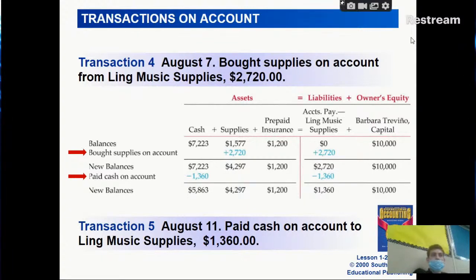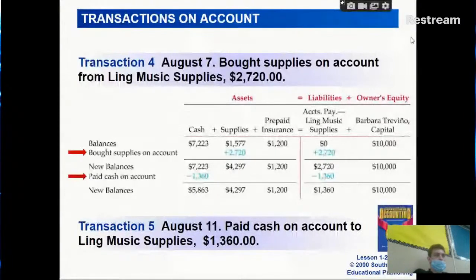So do we have more supplies or less supplies? More. Got more supplies on account. That means, did I pay cash for it? Do you see the word cash in that sentence anyway? No. So does it affect cash in any way whatsoever? No. We're buying it on account.